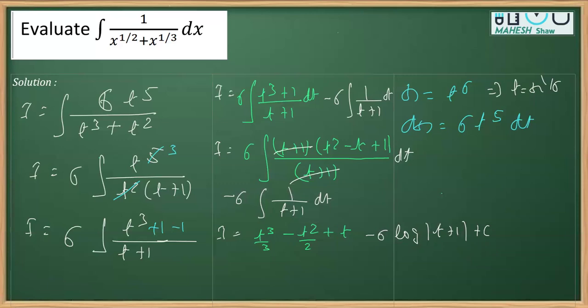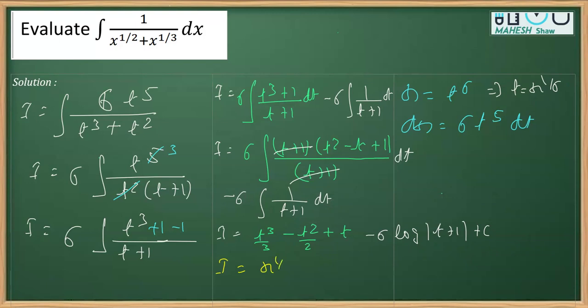Now the final step is writing this as t cube. Cubing both sides, this is x raised to the power half.